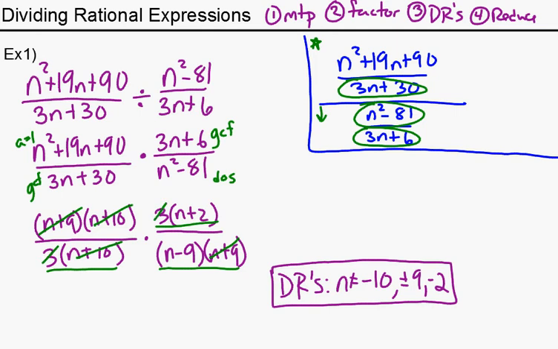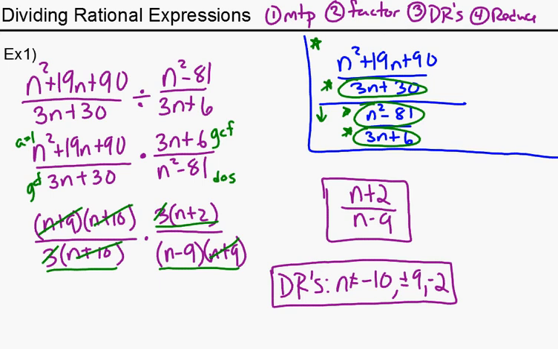So my final answer, if I write it over here, is n plus 2 left on the top, and n minus 9 left on the bottom. So there's 2 pieces to my answer, the rational polynomial and the domain restrictions. Just be careful when you're dividing because there were these 3 places that I have to find domain restrictions from.